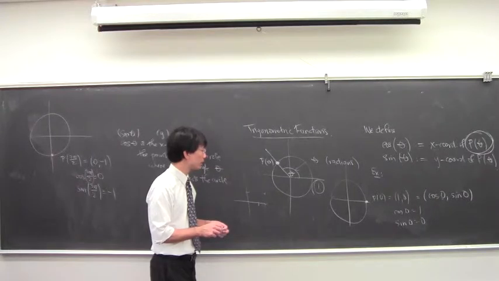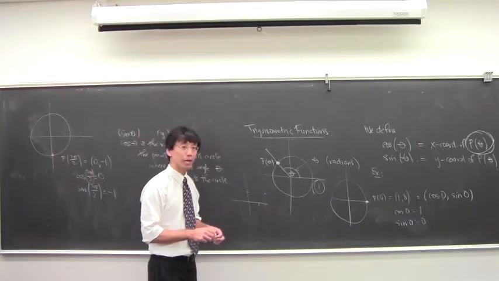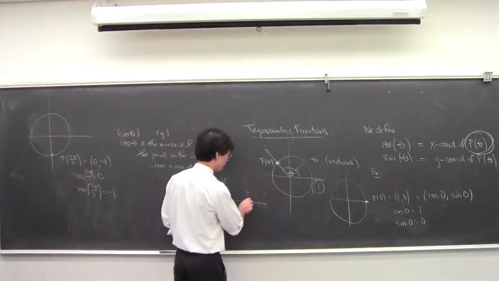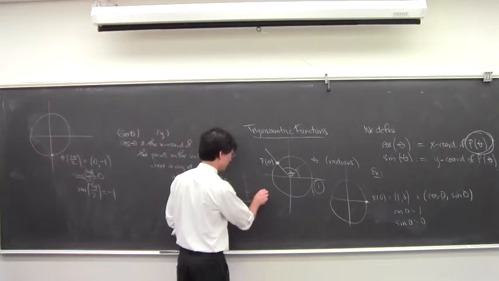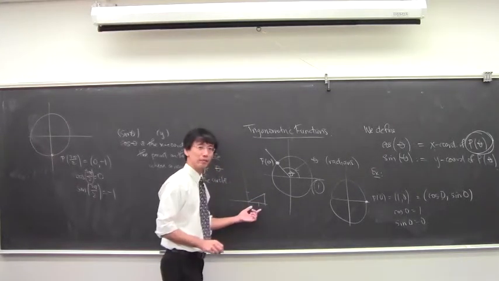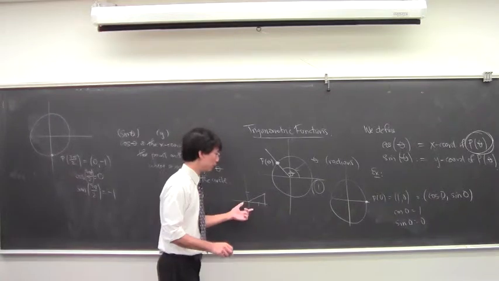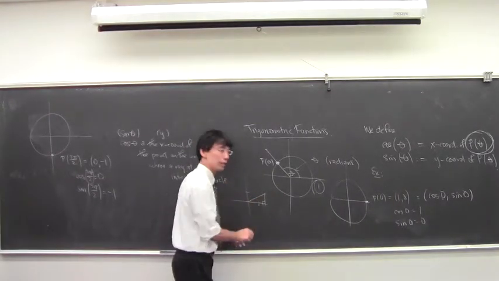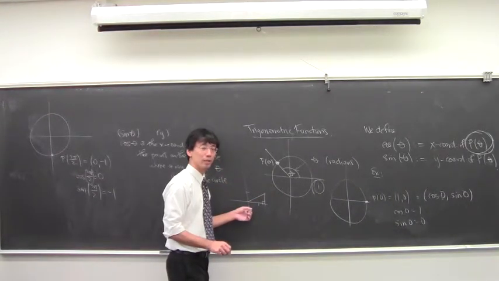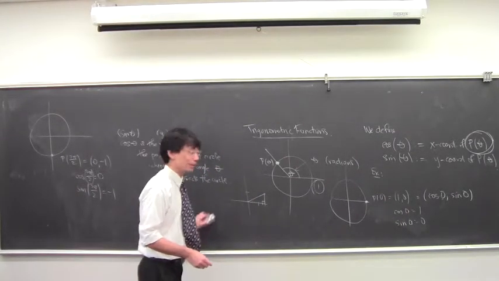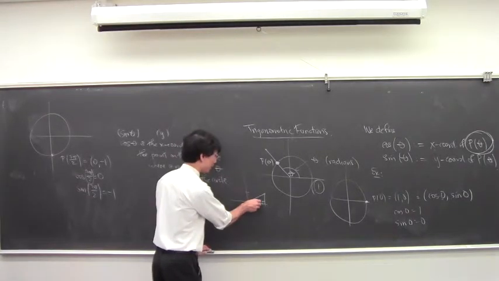Because it's the same point, you're just saying it in a different way. Oh, I think you're asking if you wanted to find the cosine of that. Suppose you had a triangle and you wanted to find the cosine of that. If you have a point but you want to say that in cosine and sine, it'll give you exactly the same thing.